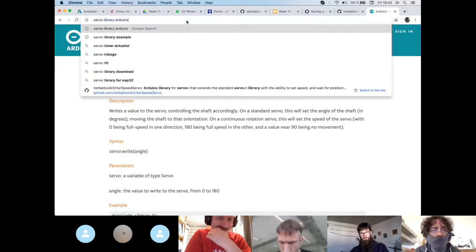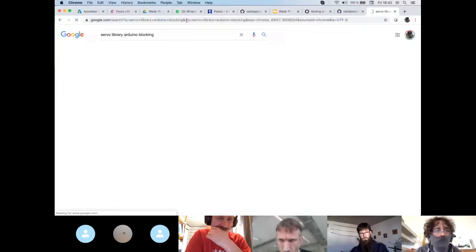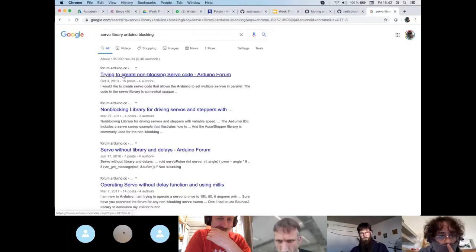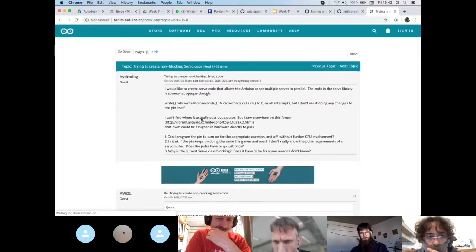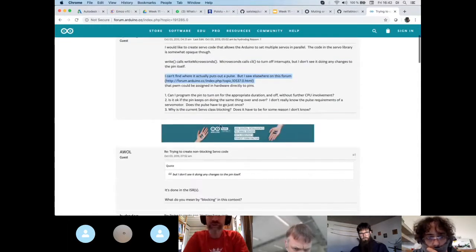Servo library. Here, even they don't mention this. I can't see where the function returns to the Arduino to say I've arrived.